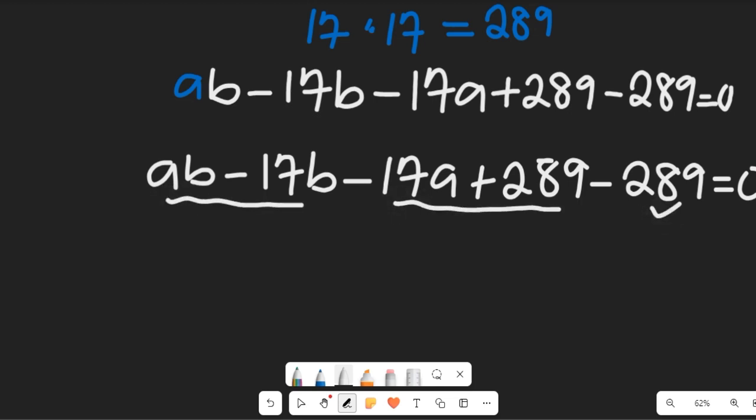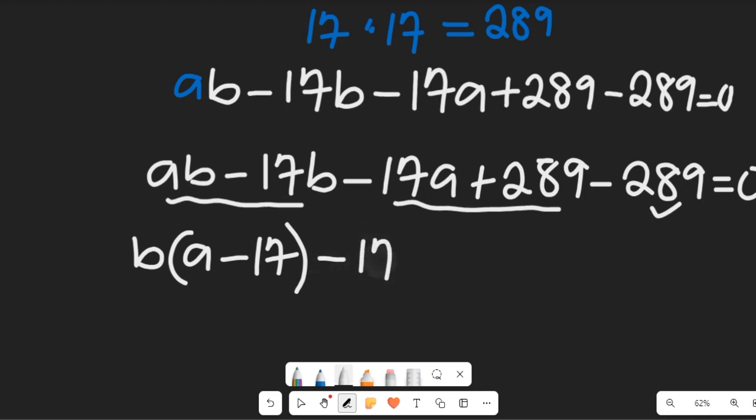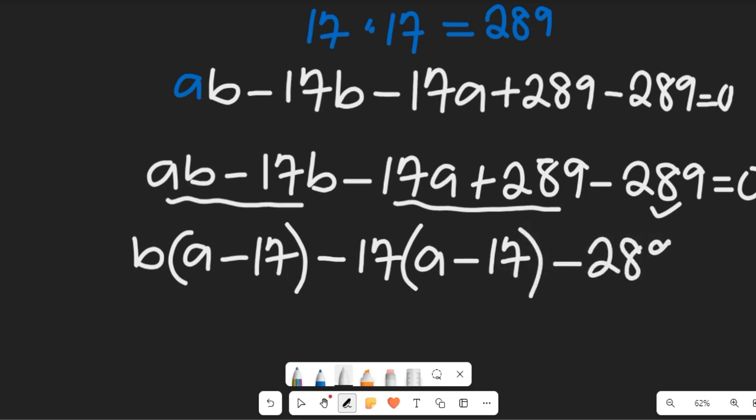So what I'll do is, I have a common term here, I have b. ab divided by b will give me a minus 17, right? And this will give me negative. 17 is common over here. Then 17a divided by a will give me a, and this will give me negative 17, right? And this will give me minus 289, and this is equal to 0.